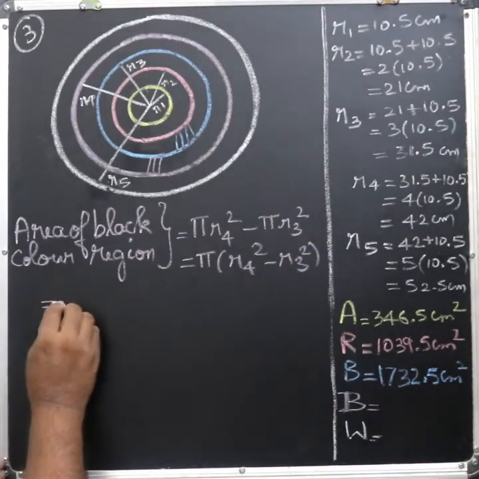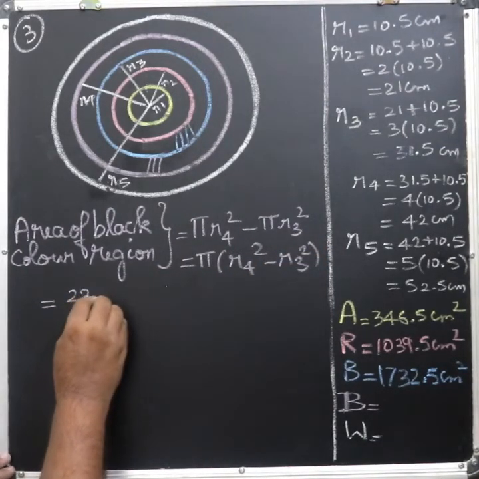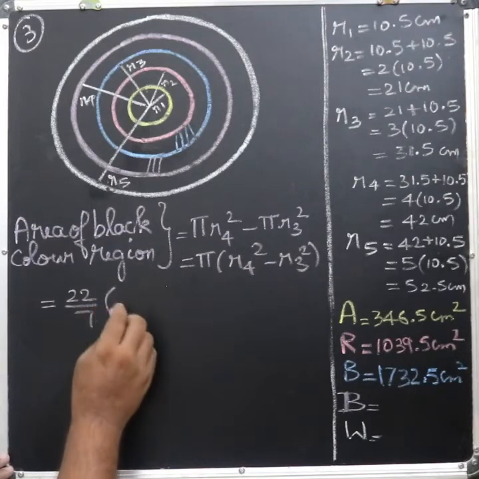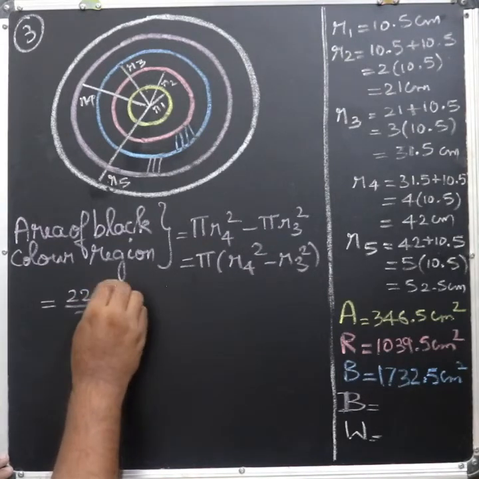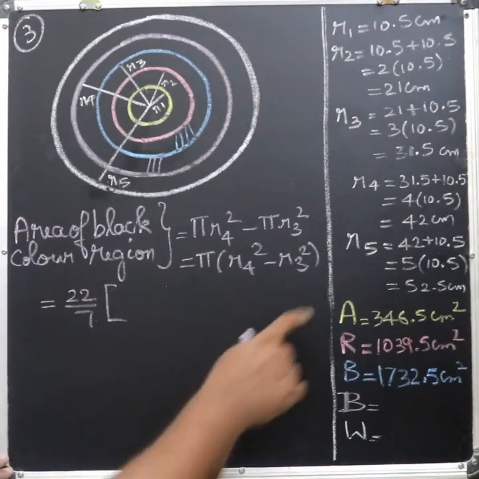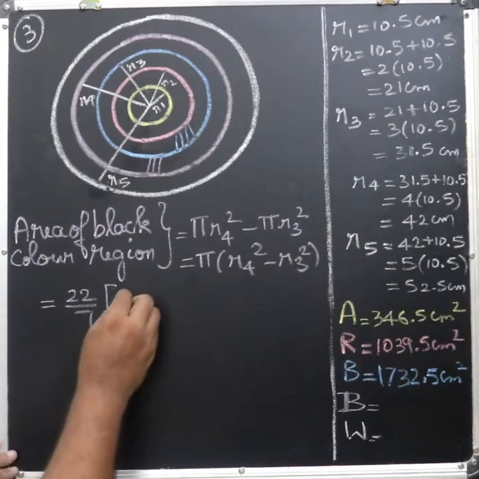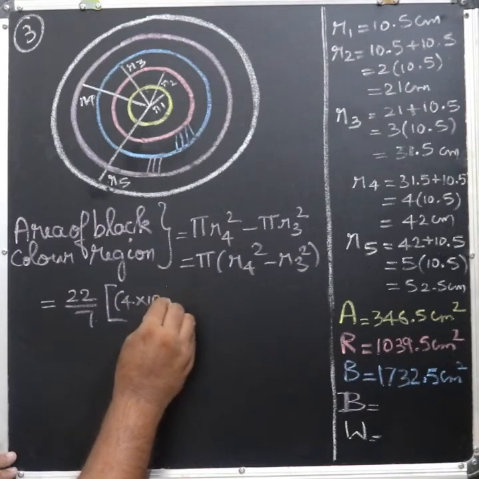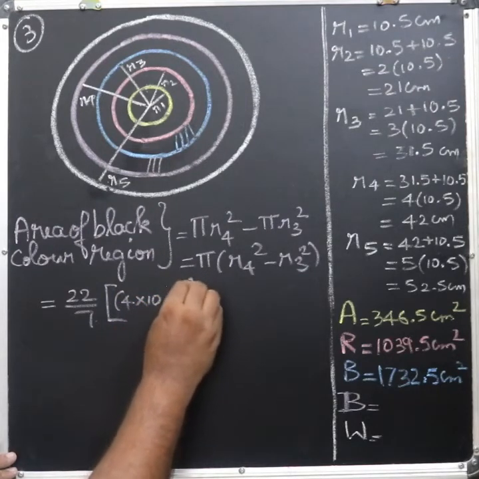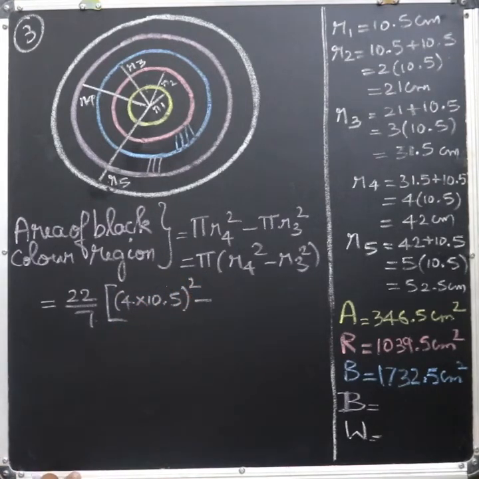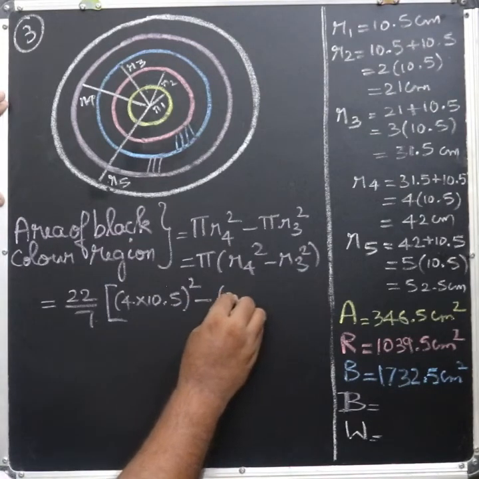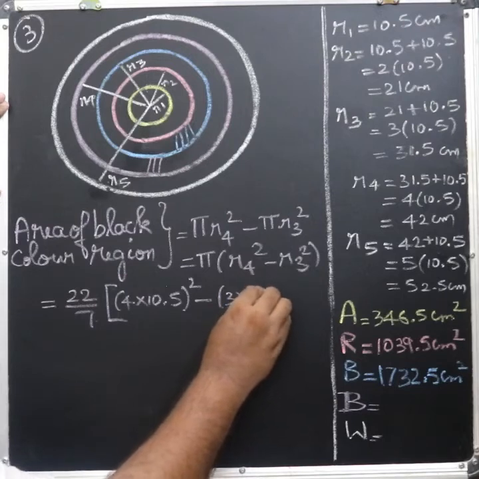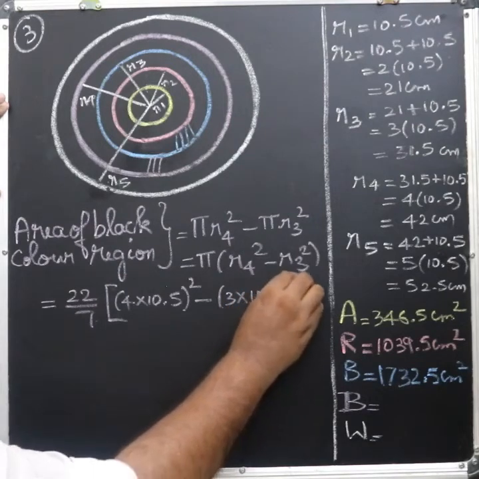Now substituting the values, pi value is 22 by 7. r4 squared, radius 4 is 42 centimeter, which can be written as 4 into 10.5 the whole square, minus radius 3 is 31.5 centimeter, which can be written as 3 into 10.5 the whole square.